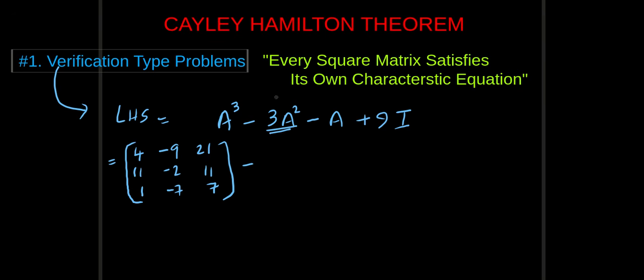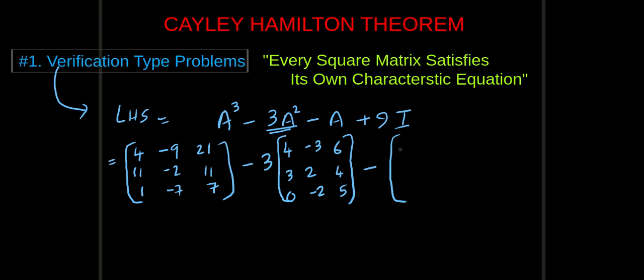If you want you can multiply A square with 3 and put it over here, but I'm going to write 3 and our A square, and that is 4 minus 3 6, 3 2 4 0 minus 2 5, and minus A 1 0 3, 2 1 minus 1 1 minus 1 1 plus 9I.